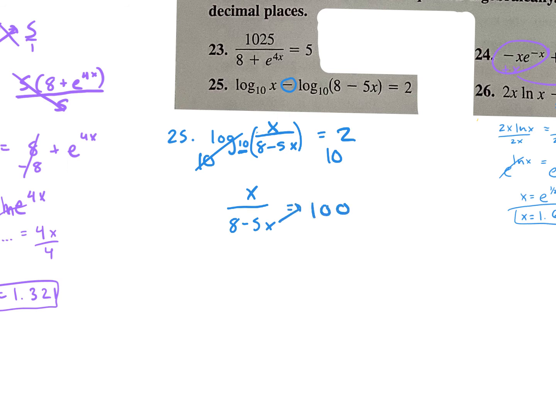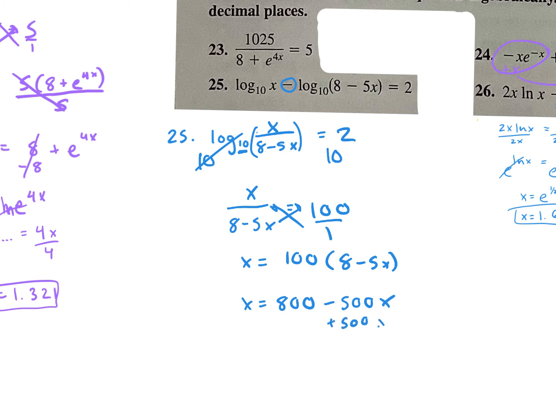I'm going to cross multiply to get rid of that fraction, so this is like 100 over 1. So I have x is equal to 100 times 8 minus 5x. X is equal to 800 minus 500x. Combine like terms, so I'm going to add 500x to both sides.